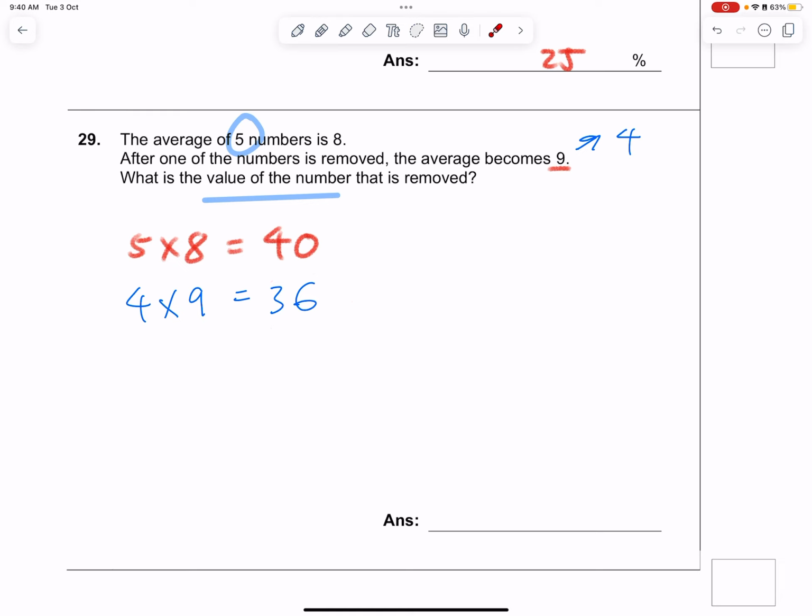So what was removed? The initial total minus the later total is the number that was removed. Sorry, this will be a subtraction. Don't believe me? Add this number back and divide by 5, and you will get back 8. That is how you check your answer. So answer 4.